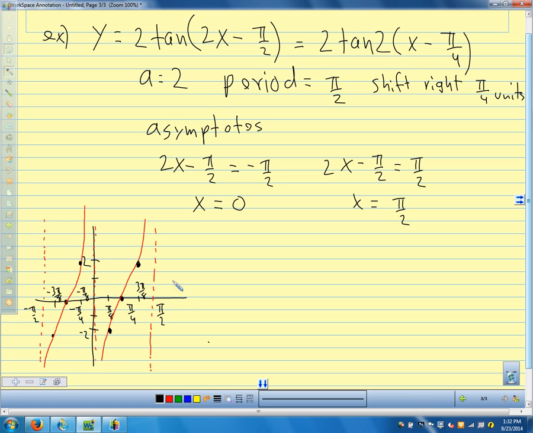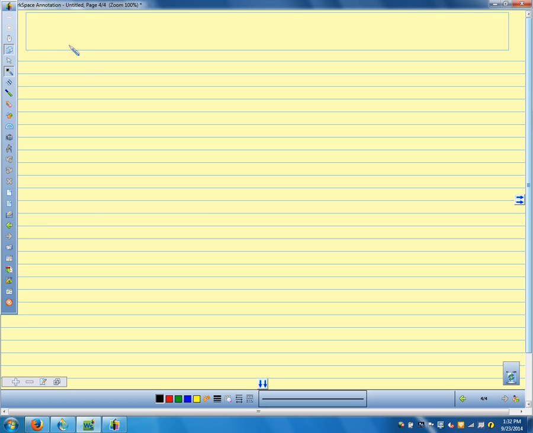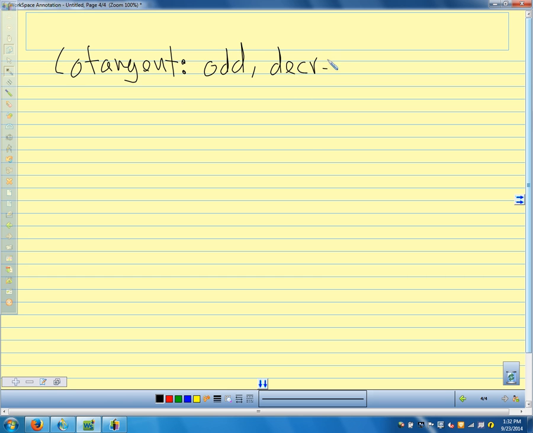Okay, once we have this, the cotangent functions are pretty easy. So let's talk about our cotangent function. Cotangent function is odd. Cotangent function is decreasing. So decreasing means from left to right it's going downhill, going down.